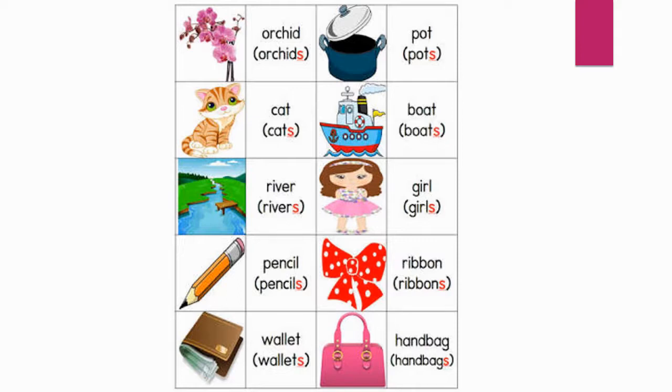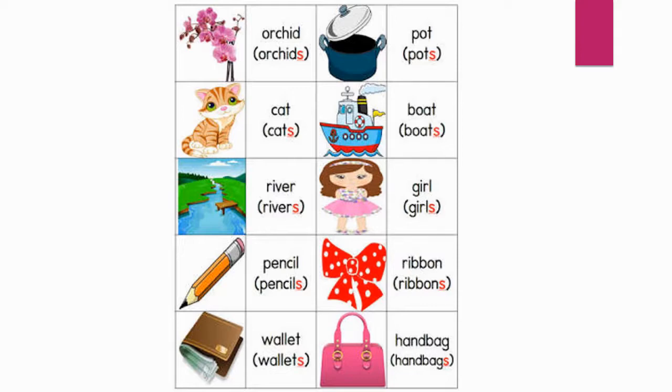Boat, plural form boats. River, plural form rivers. Girl, plural form girls. Pencil, plural form pencils. Ribbon, ribbons. Wallet, wallets. Handbag, handbags.